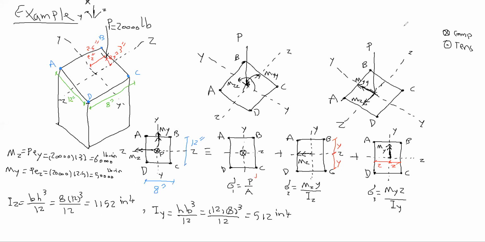Okay, now one more. For A it's easy, just 8 times 12, right? You don't need to write.